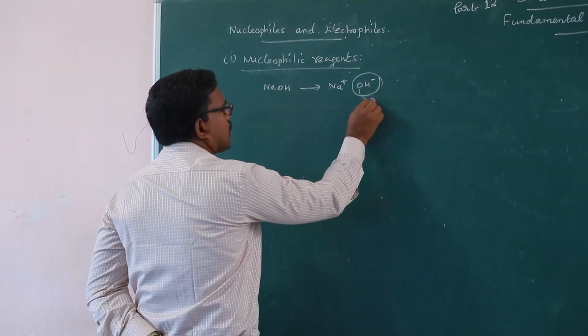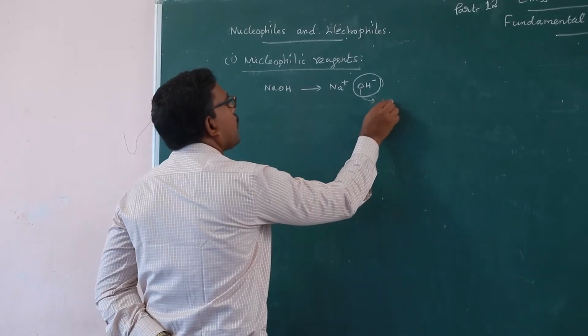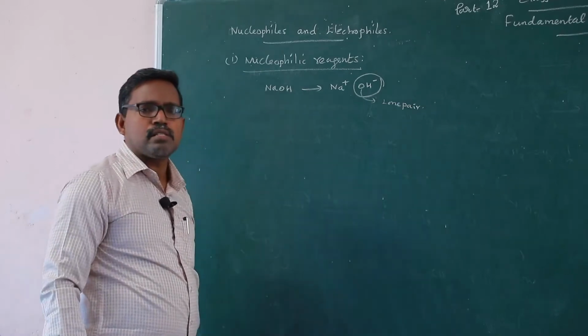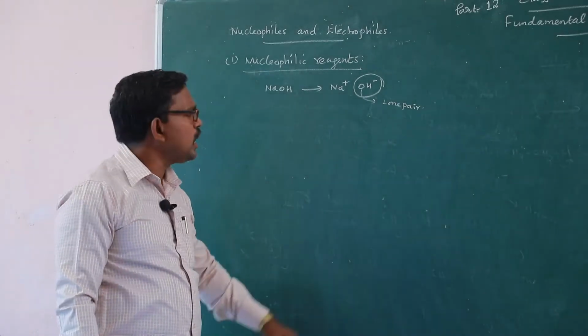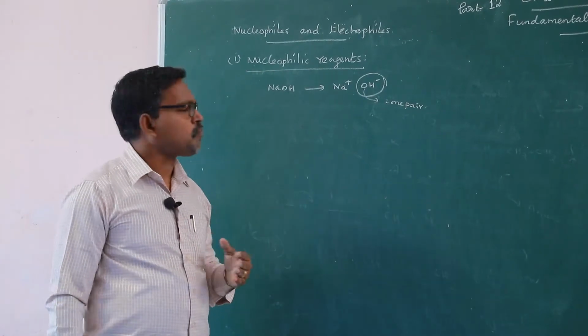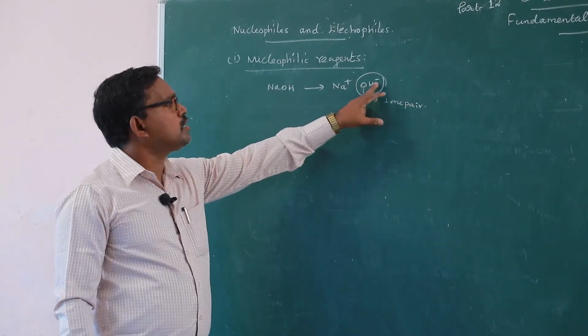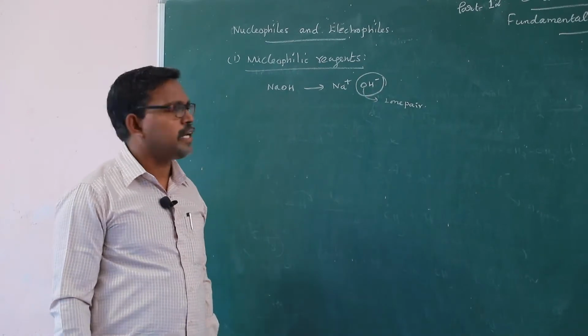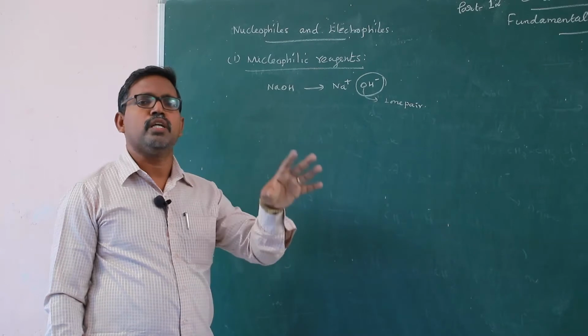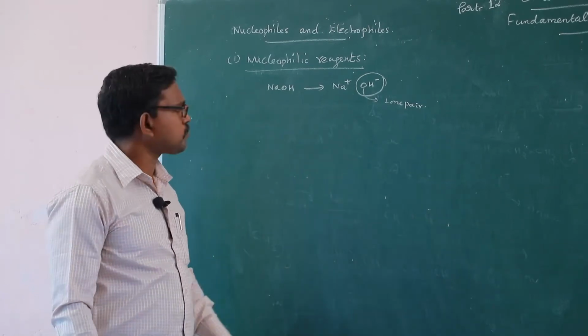This oxygen having lone pair of electrons. This lone pair of electrons are readily donated to other electron deficient centers. Therefore, this OH minus ion acts as a nucleophile. This reagent is commonly said to be nucleophilic reagents.